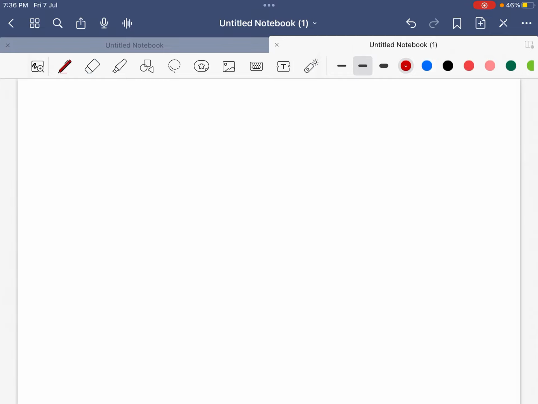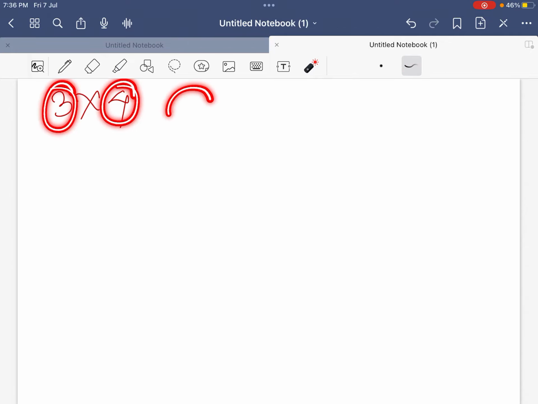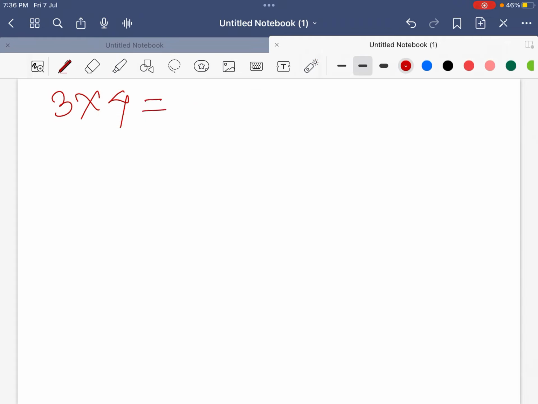Now let's solve a few more examples. 3 multiplied by 4. This is a positive number, this is also a positive number, so your answer will be positive. Therefore 3 4s are 12. So we are solving this first type of examples.